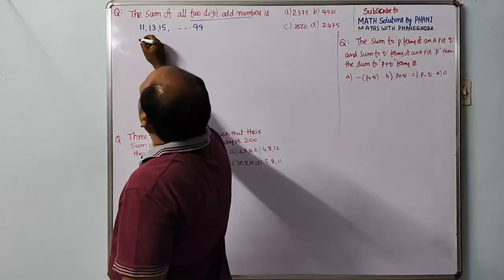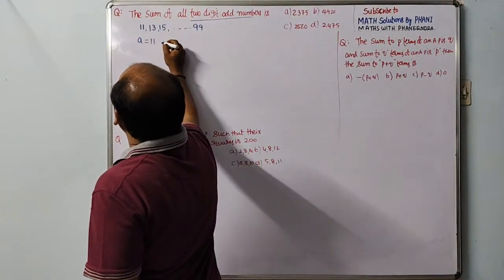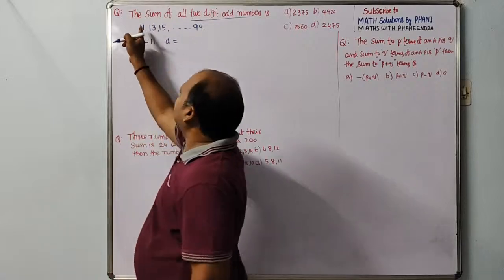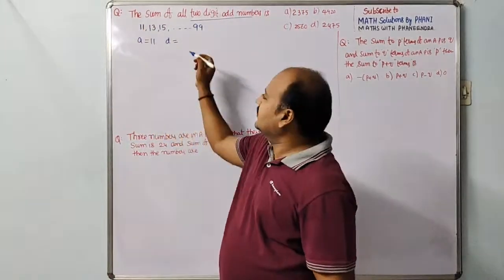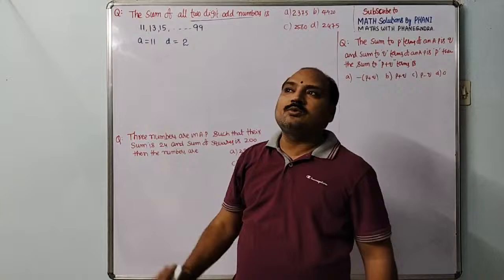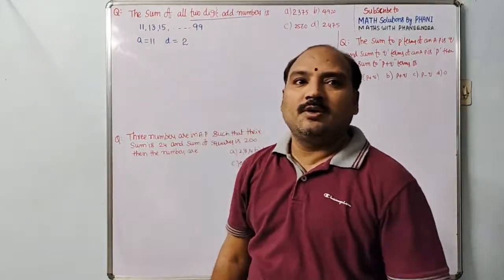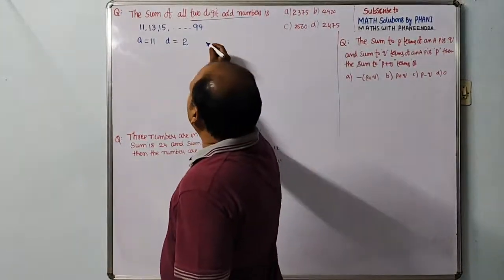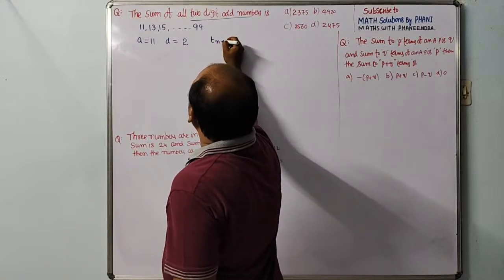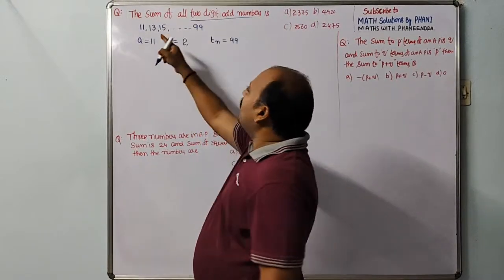Here a equals 11, the first term, and the common difference d is 13 minus 11, 15 minus 13, so d is equal to 2. The nth term is given, Tn equal to 99. How many terms are there?